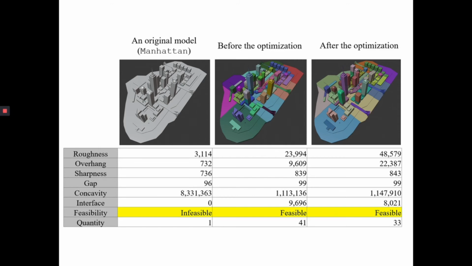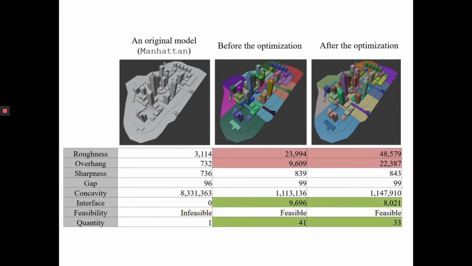After part decomposition, we can make the decomposed parts smaller, which is feasible. There is a trade-off among the evaluation indicators to minimize the fitness function. Therefore, in the middle of optimization, if some indicators get large, others get small. After the optimization, roughness and overhang became large, while interface and quantity became small.